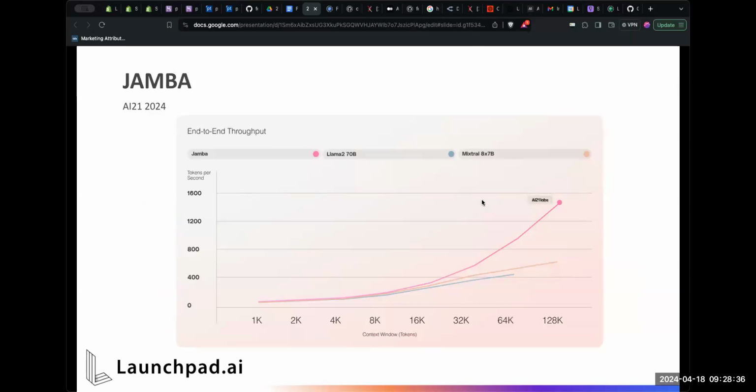What kind of memory footprint reduction is there when using Jamba versus, say, a 70 billion model?